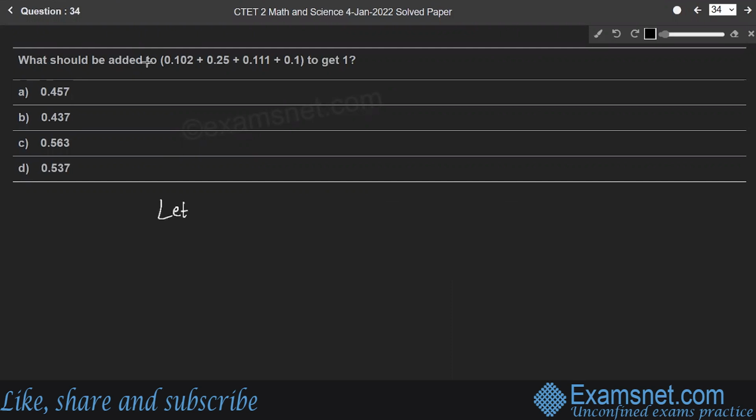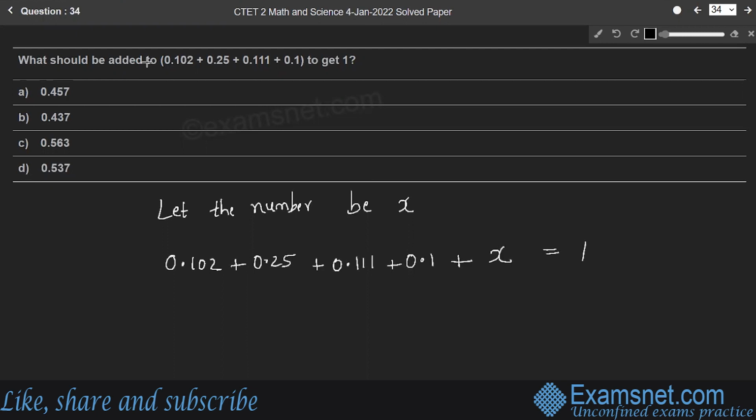Let the number be x. So we have to add x to get the value, that is 1. So 0.102 plus 0.25 plus 0.111 plus 0.1 plus the number x is equal to 1. So simplify it.